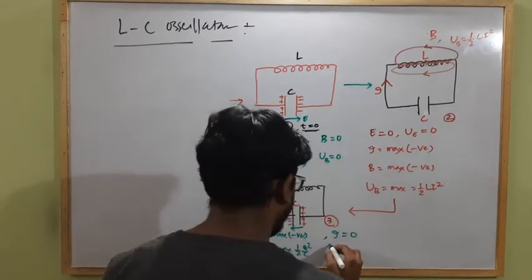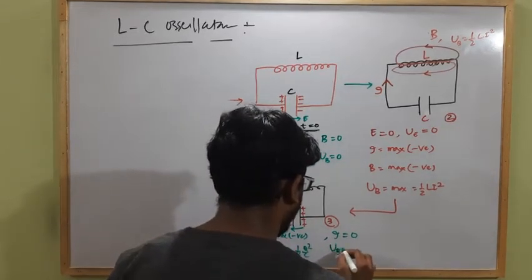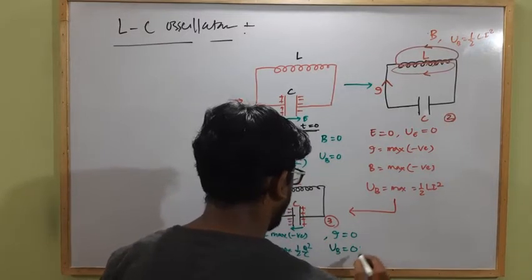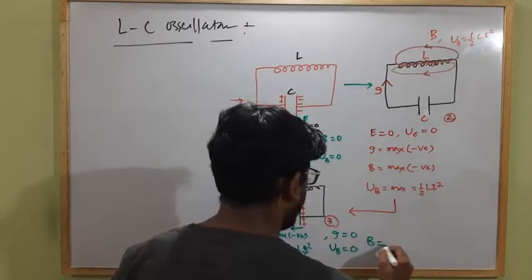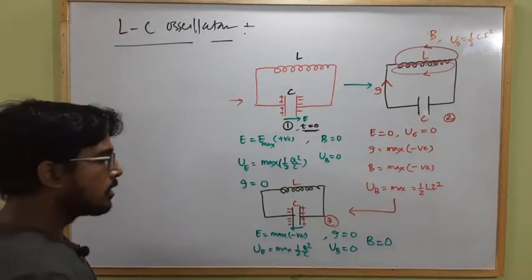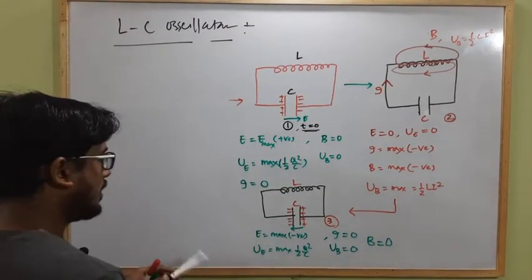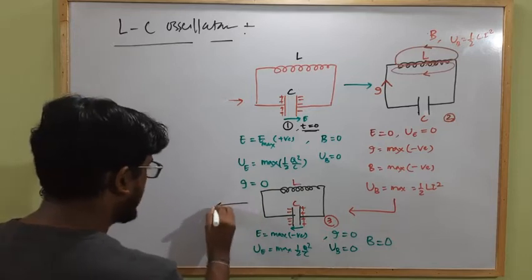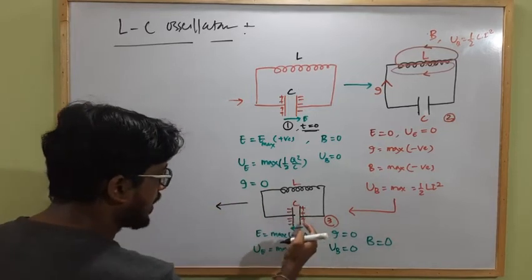So I will be again 0, the magnetic energy is 0, and the magnetic field is also 0. Clear?